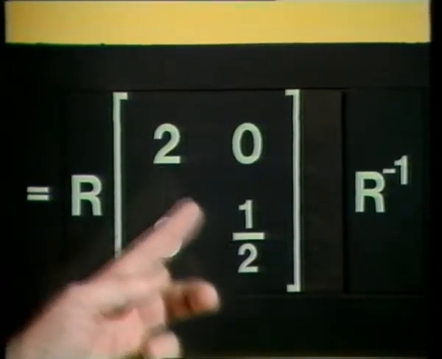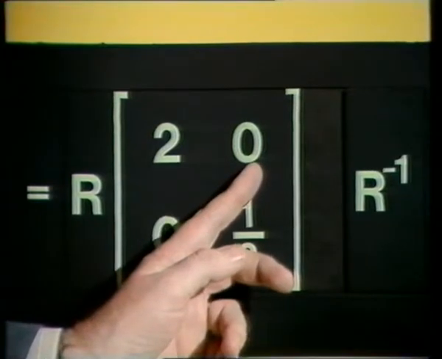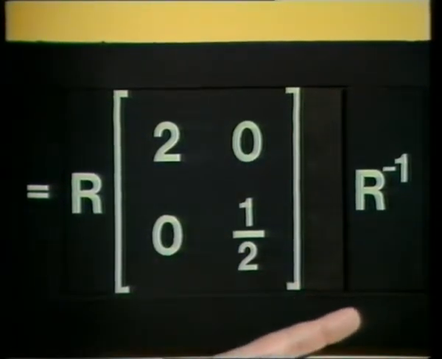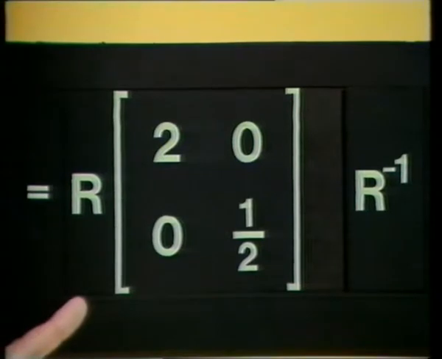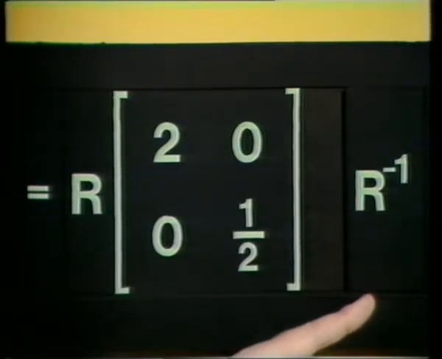That's 2 and 0.5, and the terms off the diagonal are both zeros. And lastly, there's a rotation matrix through an angle of minus pi over 4. Now, this first matrix R was a rotation through pi over 4, so this matrix is its inverse, R to the minus 1.